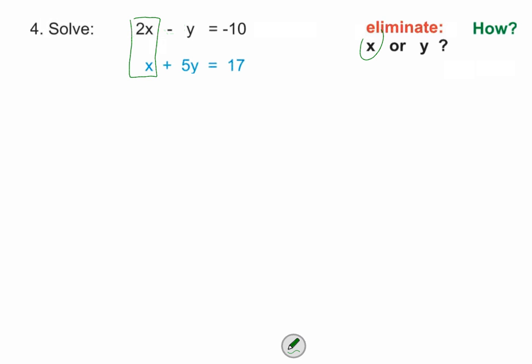And for time's sake, hopefully you agree, multiply the bottom by -2, right? Bracket -2 on the bottom.